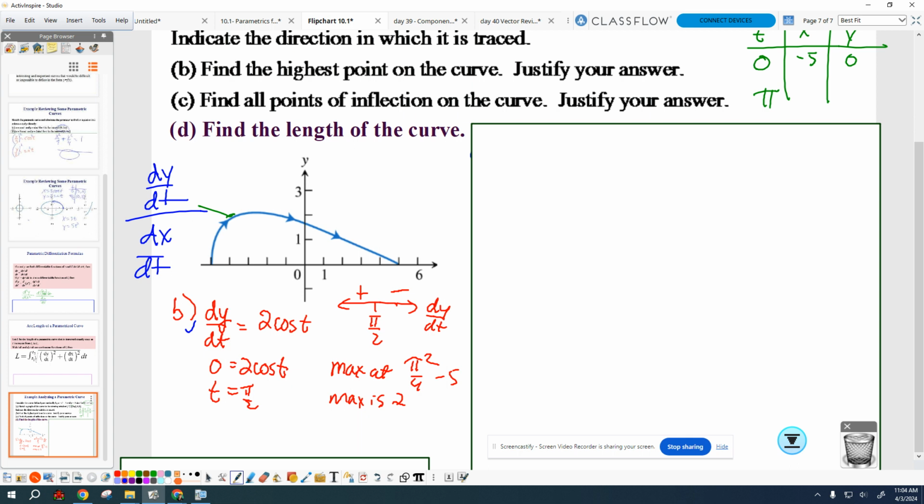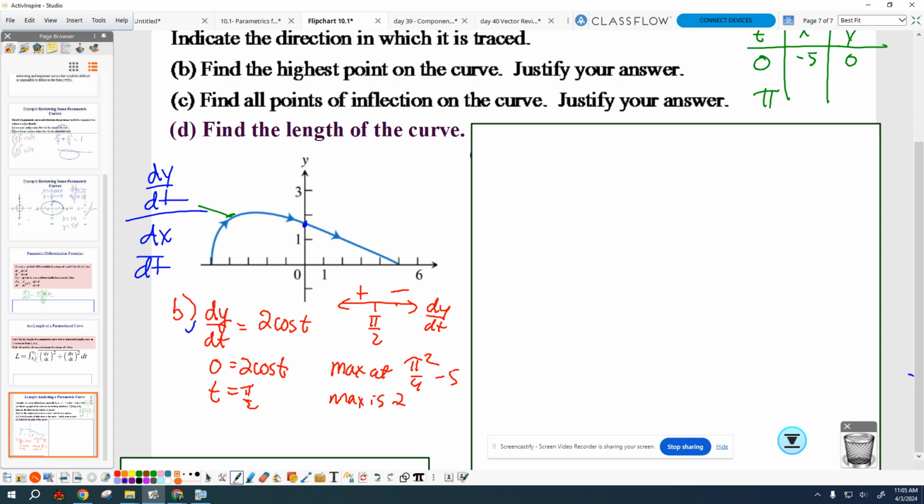Because if you look on the graph, where we normally would be like, okay, pi over 2 is right there, it's time. We're plugging that into the x and the y coordinates. You guys okay with that? Time is pi over 2. Plug in time to the x and the y.